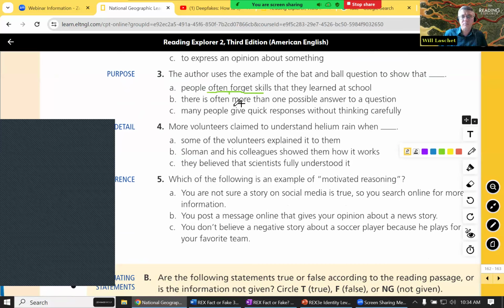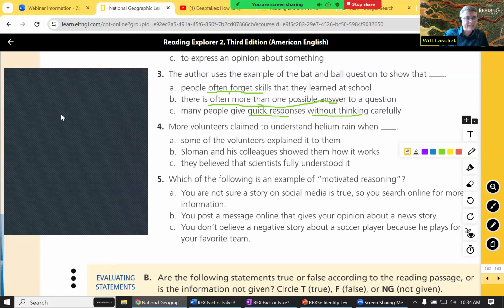B, there is often more than one possible answer. So not very straight line there. And C, many people give quick responses without thinking. Okay, so what do we think? I can see lots of people putting C into the box there, C, C, C.